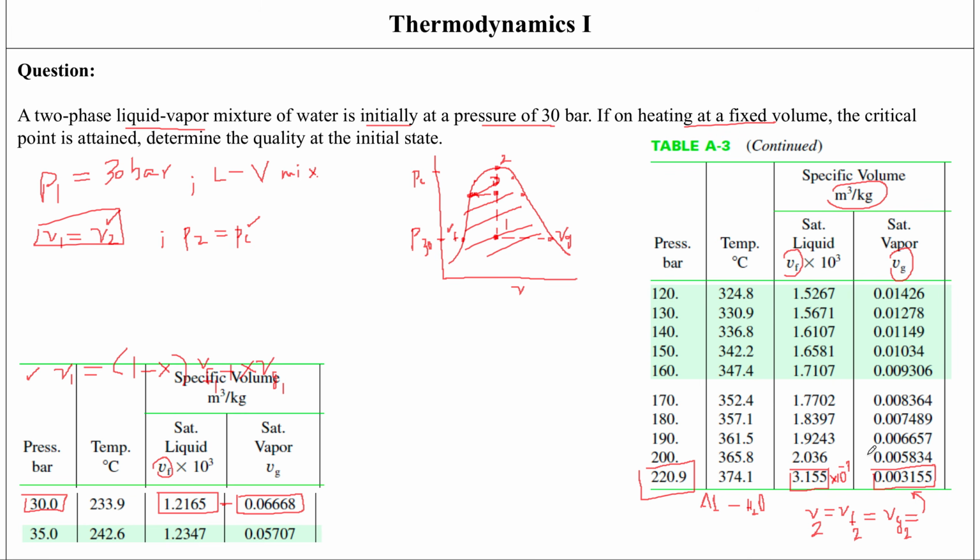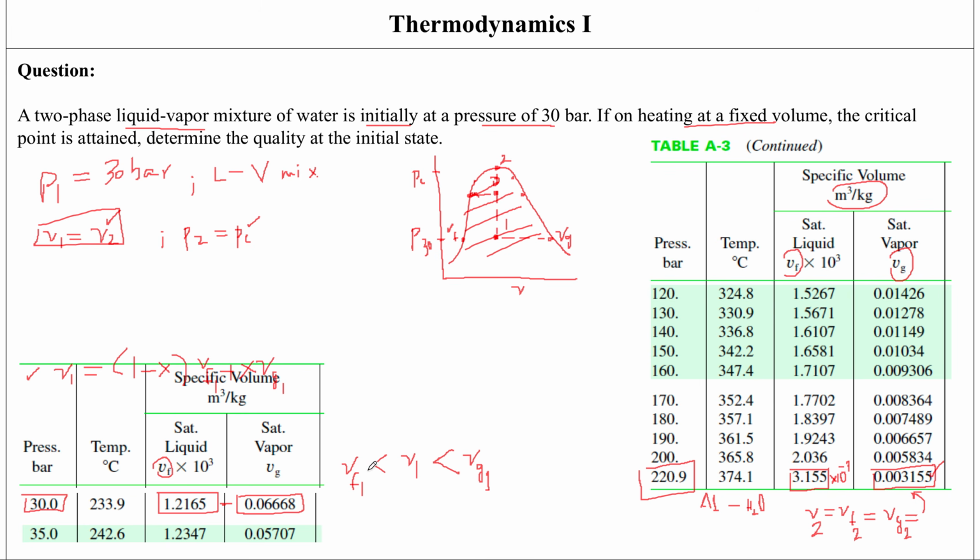So that's why our Vf at 1 is less than V1, right? V1 is from here, which is equal to V2. And the value of V1 is less than the value of Vg at 1. So when you have this condition being fulfilled, then that means you're under the dome.